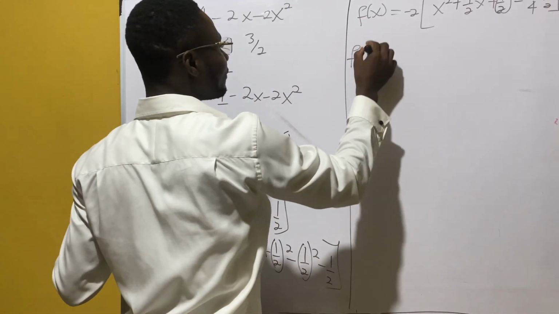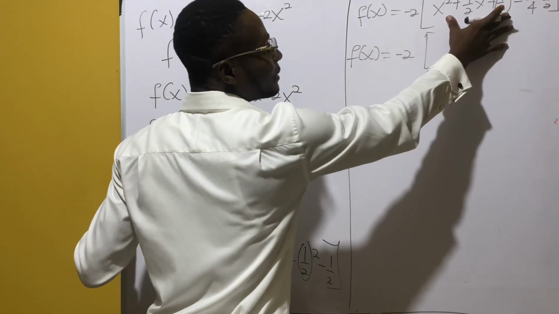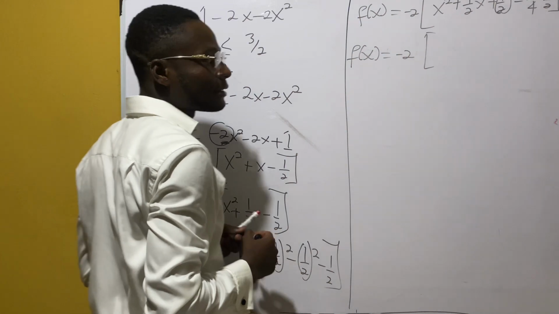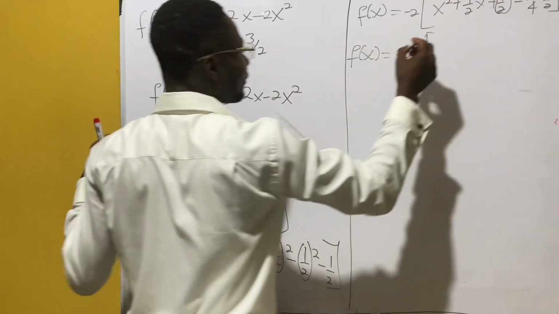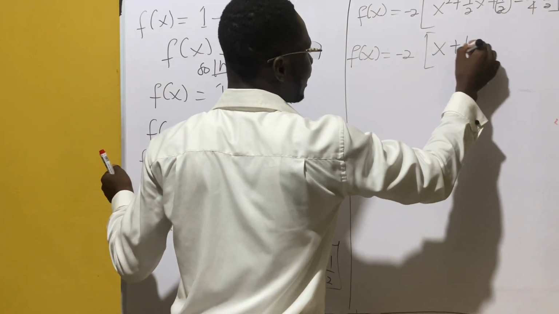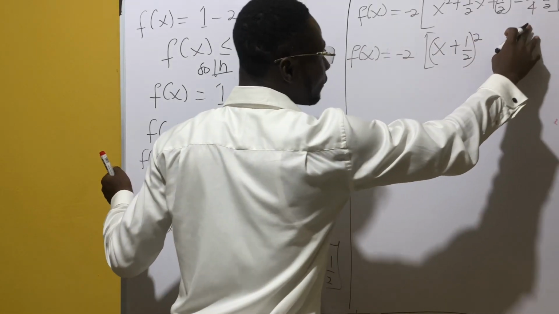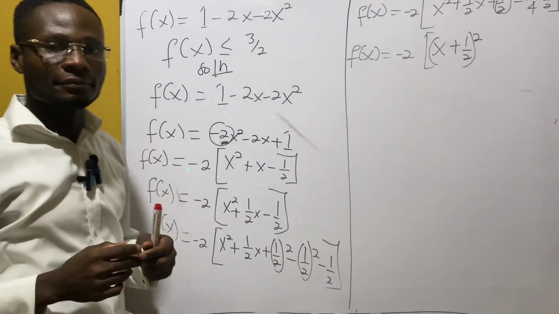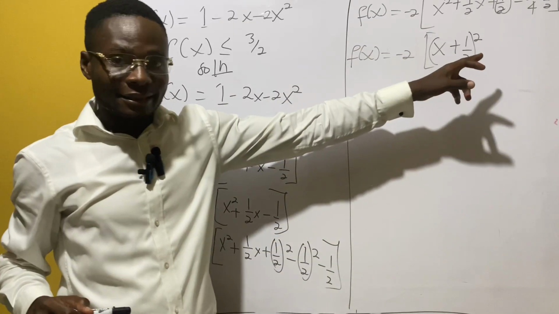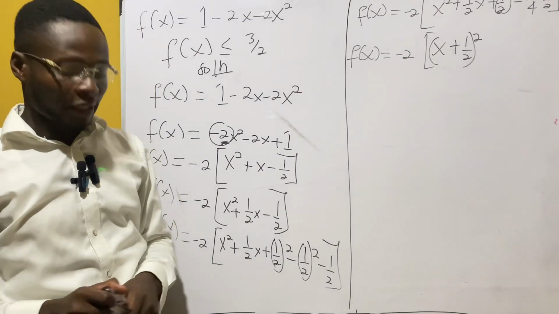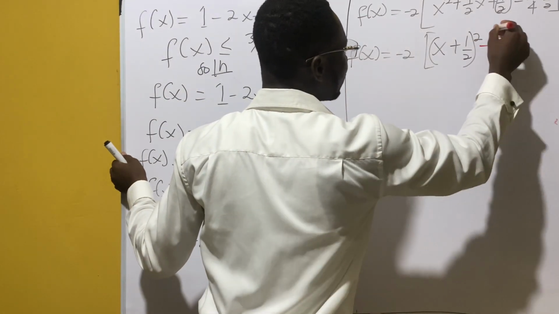So we have f(x) equals minus 2 into these three terms, you combine them and make a perfect square. So here we have x plus half, all squared, then minus 1 on 4 minus half. What are you going to have? You have, of course, minus 3 on 4.